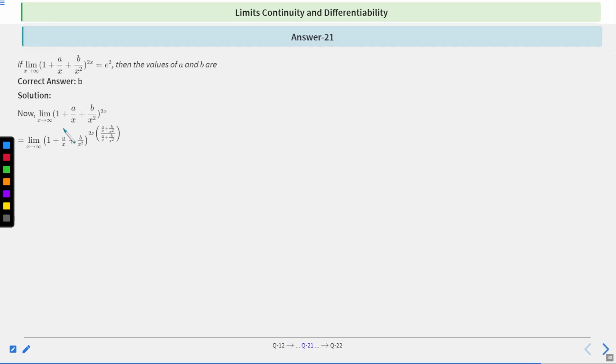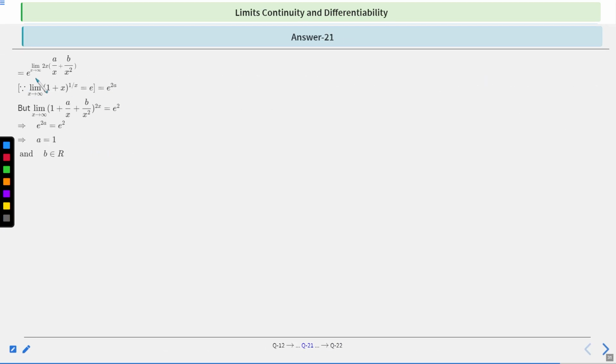So now limit x tending to infinity of (1 plus a by x plus b by x squared) to the power 2x equals limit of (1 plus a by x plus b by x squared) to the power 2x into (a by x plus b by x squared) upon (a by x plus b by x squared). Clear? Because this plus 1 will be cancelled out with minus 1, right?